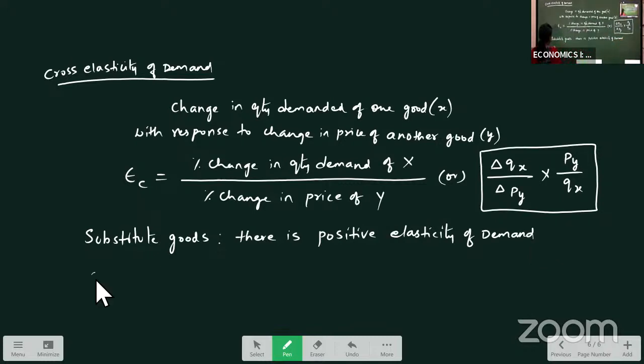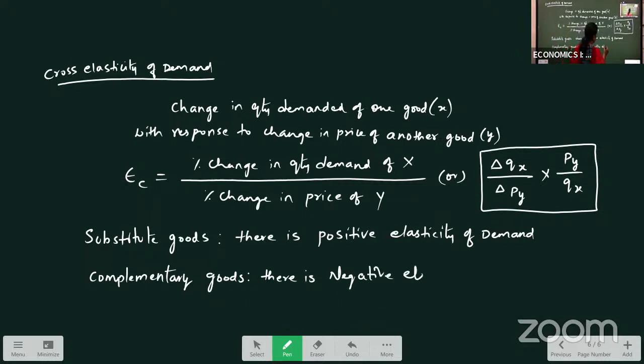And in case of complementary goods, there is negative elasticity of demand. So this way you have to write your 2 marks answer. This also will be for your 2 marks only.